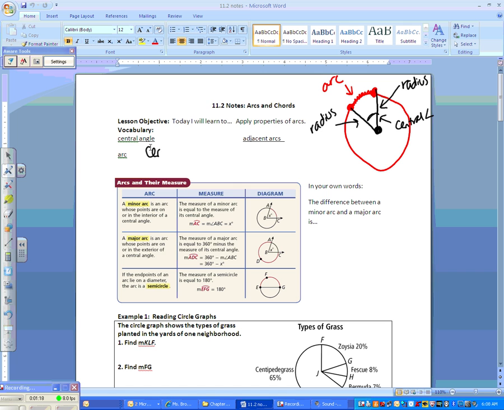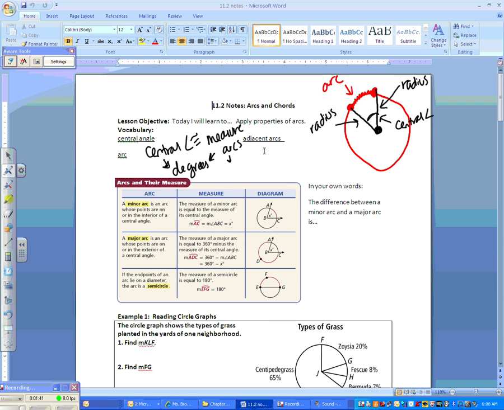So the central angle is congruent to the measure of the arc. Central angles and arcs are both measured in degrees.